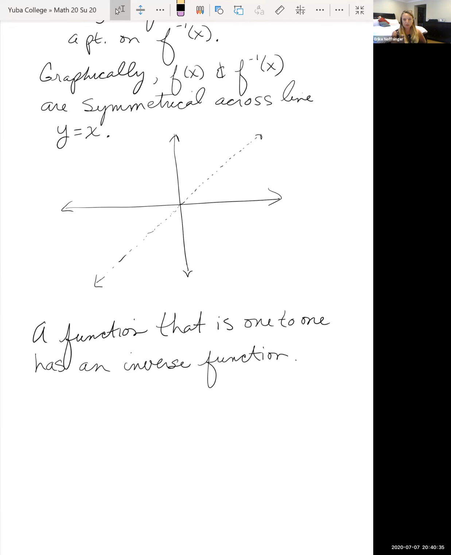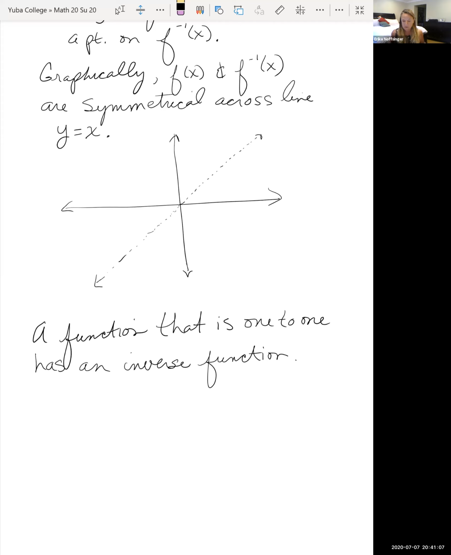Recall, to be a function, for every value of x you get back one value of y. It was okay for different values of x to give us the same y and still be a function, but one value of x couldn't give us multiple outputs. To be a one-to-one function, every output also has to be unique. There can't be different values of x that give you the same y value.